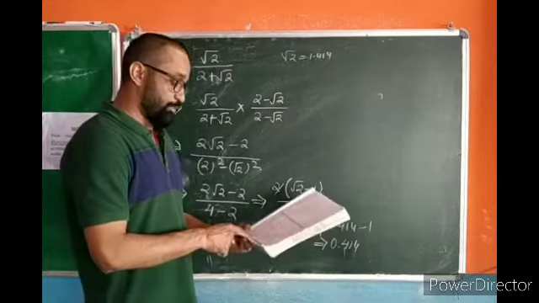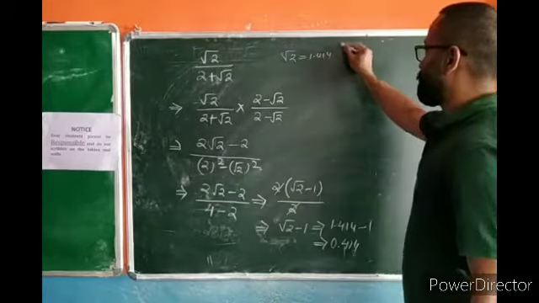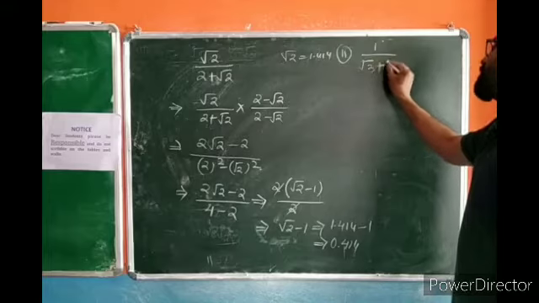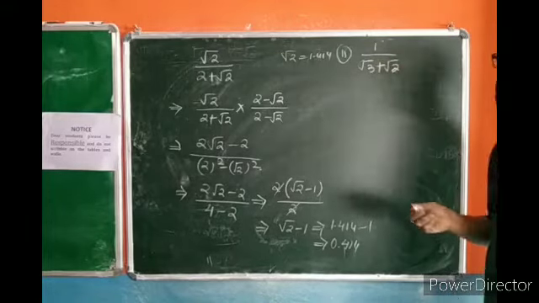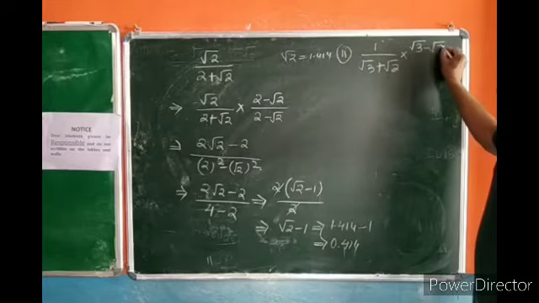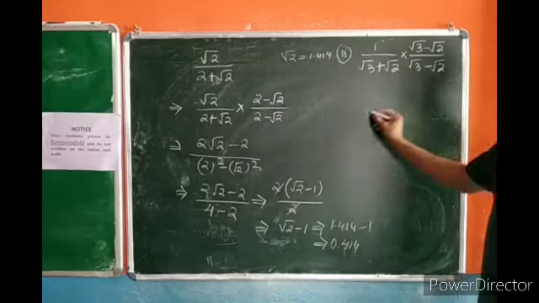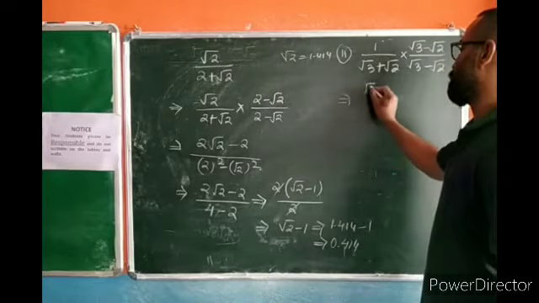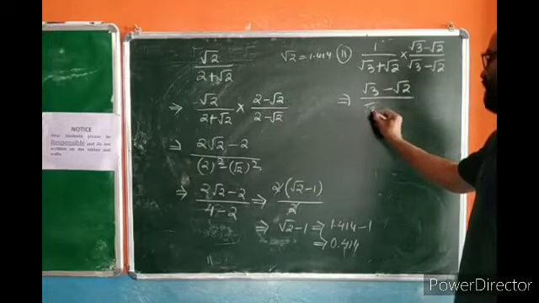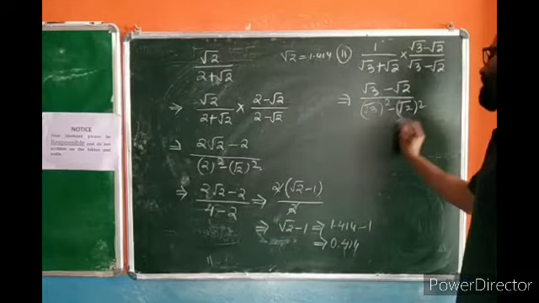You have question number 2 also similar. Look at question number 2: 1 divided by root 3 plus root 2. Rationalize it. The rationalizing factor is with a minus sign, so we have numerator root 3 minus root 2. It is root 3 whole square minus root 2 whole square.